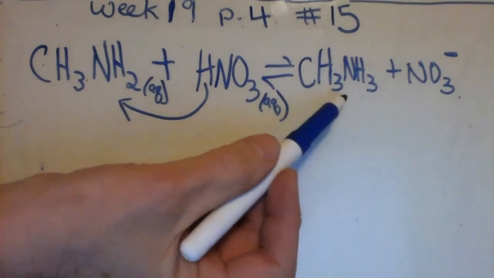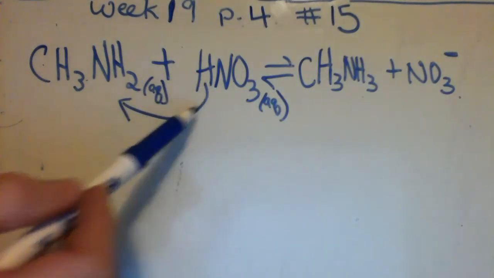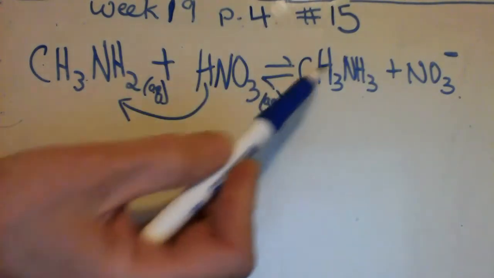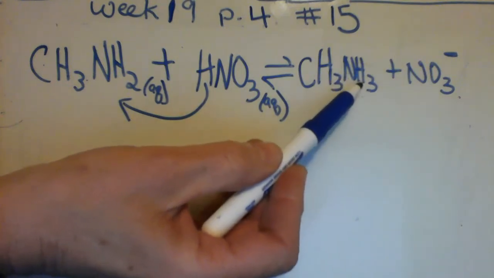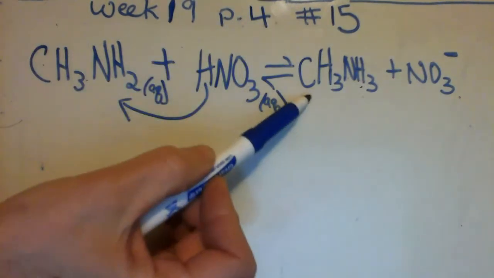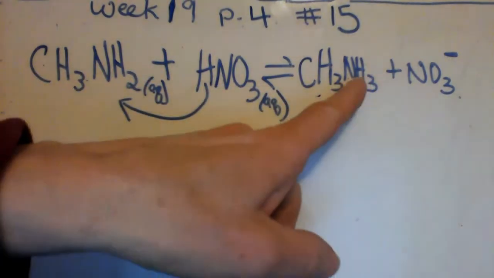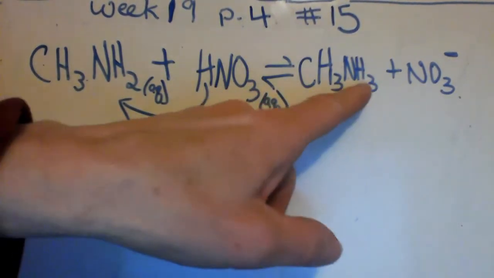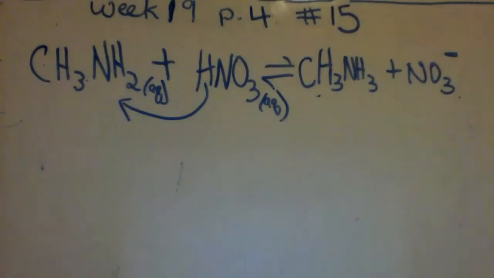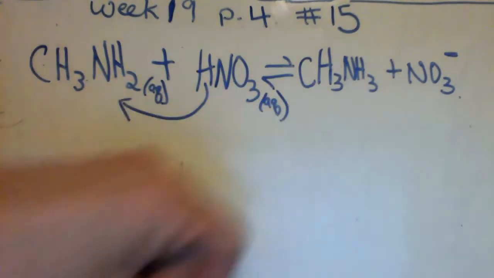Now notice that when I added this hydrogen to the methylamine, I added it to the NH bond and not to the CH bond. That's because nitrogen and hydrogen create a polar covalent bond. They have a large difference in electronegativity, whereas hydrogen and carbon do not have a large difference in electronegativity, and there is no polarity here.